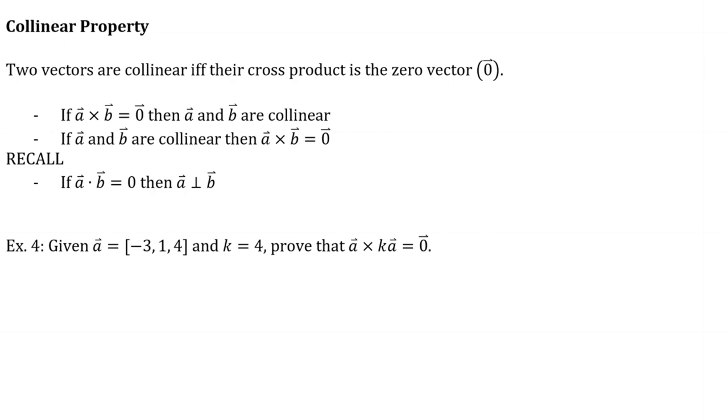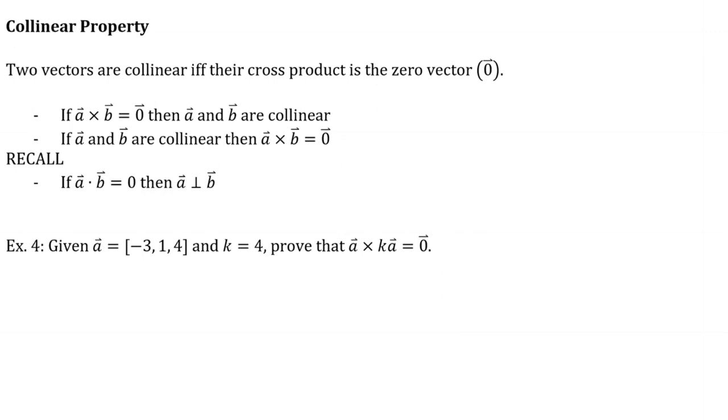Collinear property. Two vectors are collinear if and only if their cross product is the zero vector. If A cross B is the zero vector, then A and B are collinear, because this is an if and only if, right? And if A and B are collinear, then their cross product will be 0. Now, remember, if the dot product is 0, then they're orthogonal or perpendicular.